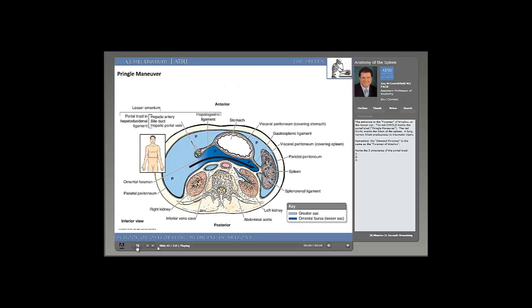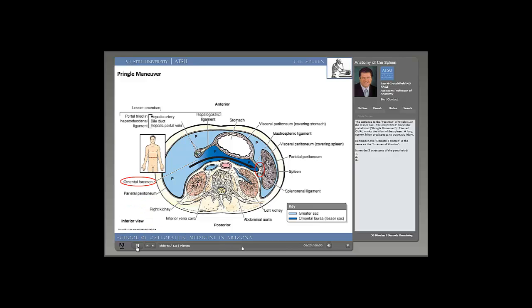This slide only serves to reinforce the embryology which we've already spoken about. The dorsal mesogastrium has rotated to the left and is noted by the oval circle at the hilum of the spleen. The anterior mesogastrium has rotated to the right and has now formed an opening called the omental foramen, or the foramen of Winslow.